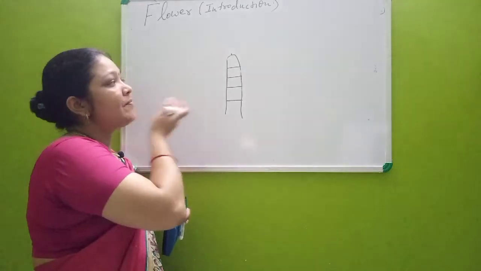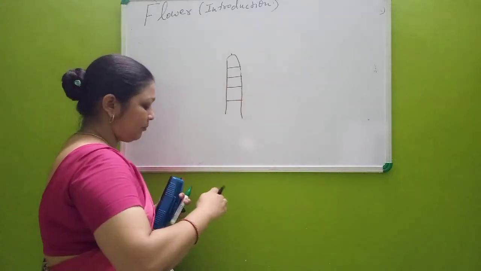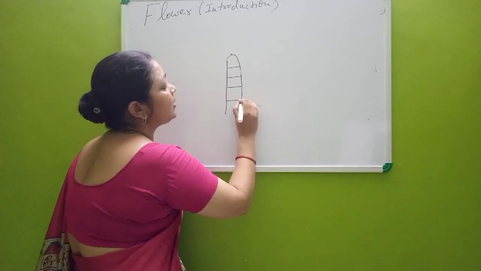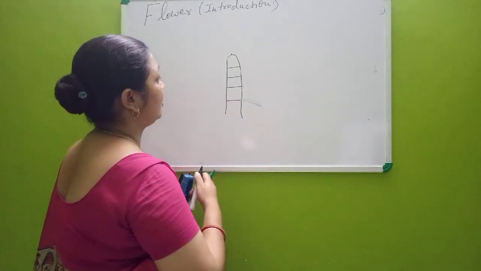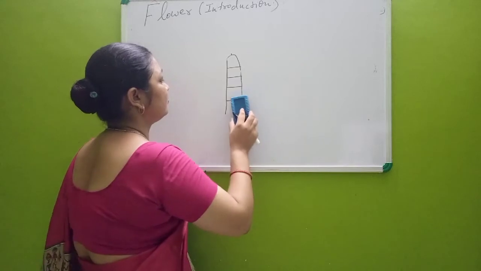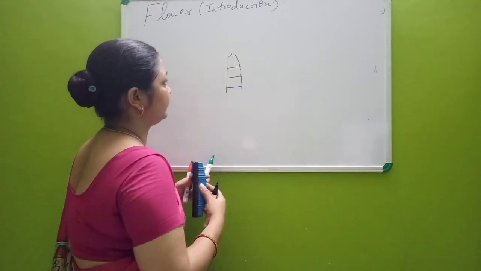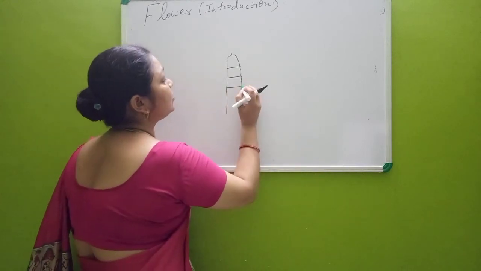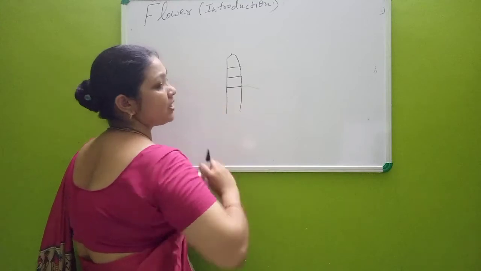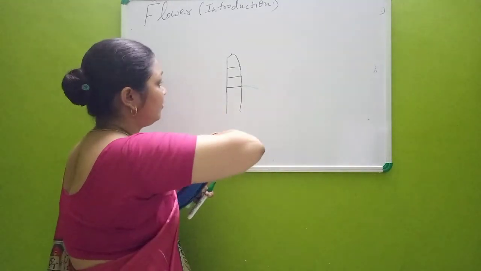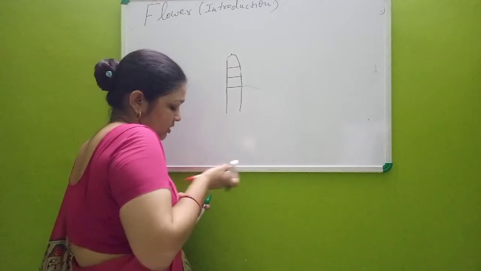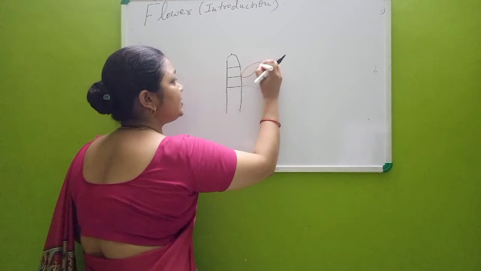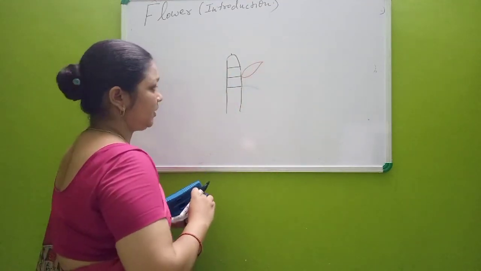Now what happened? Suppose at this node, the sepal arises. From the next node, a bright colored petal arises.